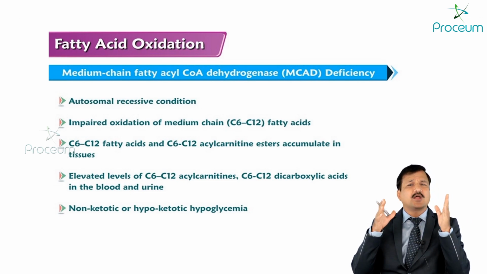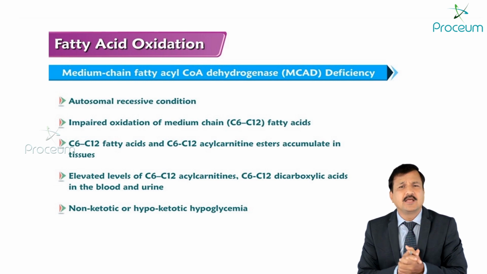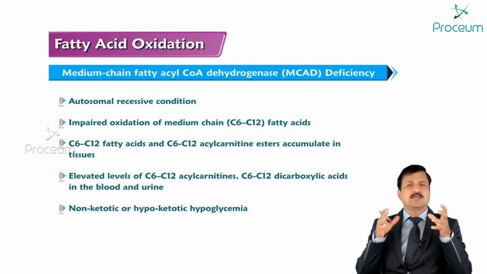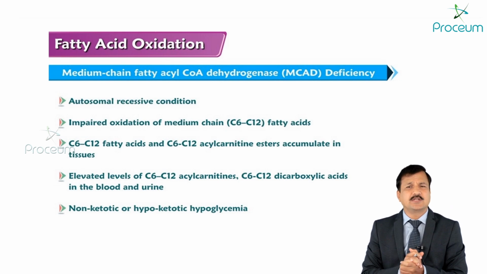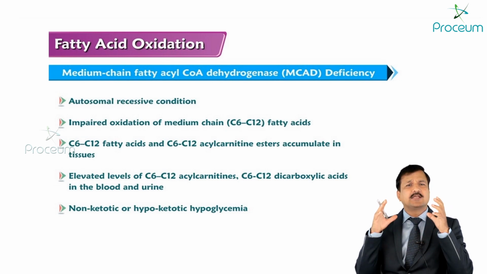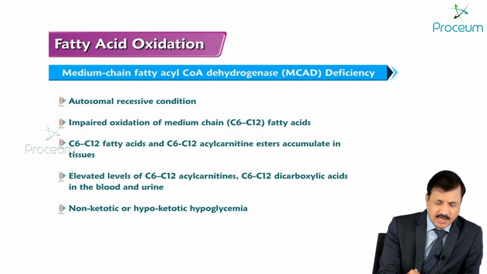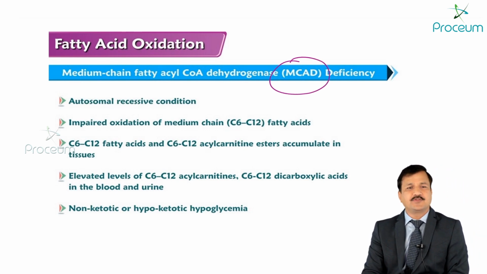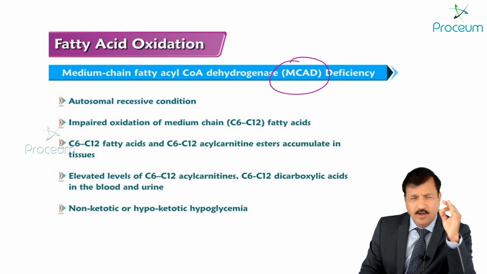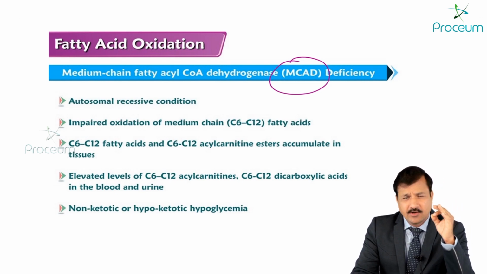Other than that, what are the diseases that are specifically with beta oxidation? One of the most common beta oxidation defect disorders is medium chain acyl-CoA dehydrogenase deficiency, simply written as MCAD deficiency. Out of all fatty acyl-CoA dehydrogenases, which are involved in the very first reaction in the beta oxidation spiral, the most common one is MCAD deficiency.